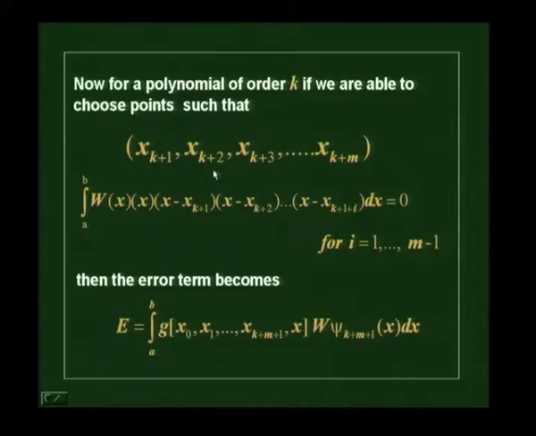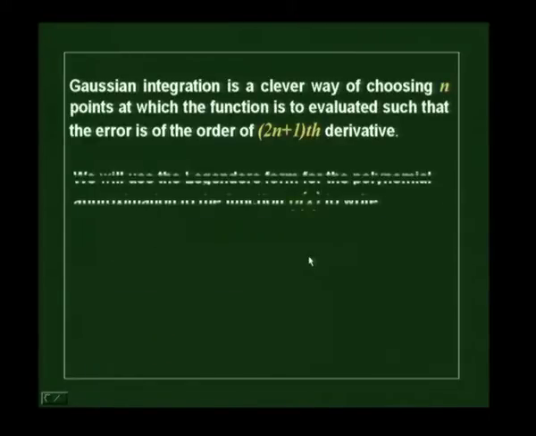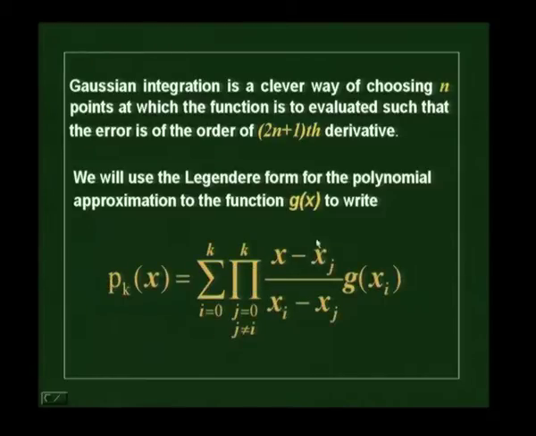There are two differences. One is we split the function f into g and w, that is g into w. And the other is that this method provides a way of choosing these points k plus 1 to k plus m such that our accuracy is of the order of the 2k plus 1th derivative of the function.